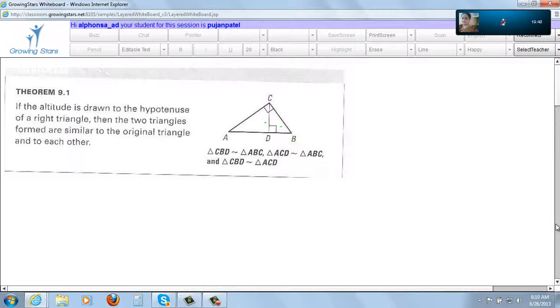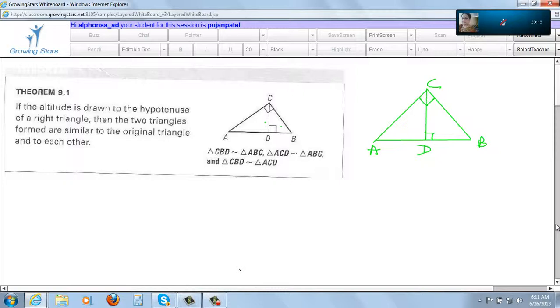So what we have here is a right triangle ABC to start with, ACB with a right angle at C. From the vertex which has the right angle, an altitude is dropped to the opposite side, that is the hypotenuse. Let it meet the hypotenuse at D, say.